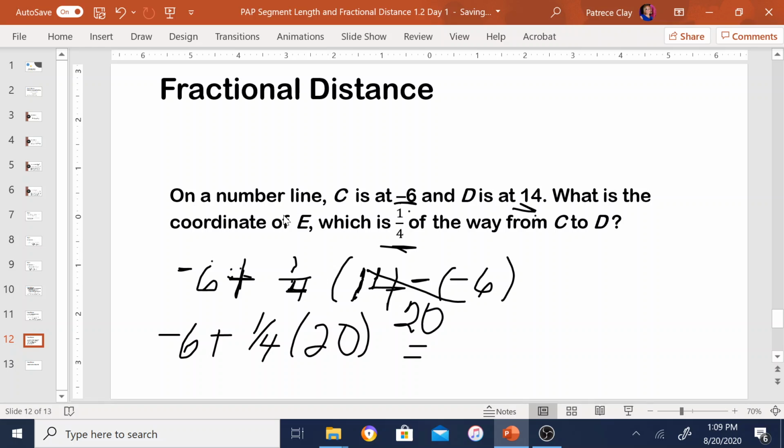Let's solve in our next parentheses. So 20 over 4 is equal to 5. So we know that. So -6 plus 5 is equal to -1. So -1 is our fractional distance point of E.